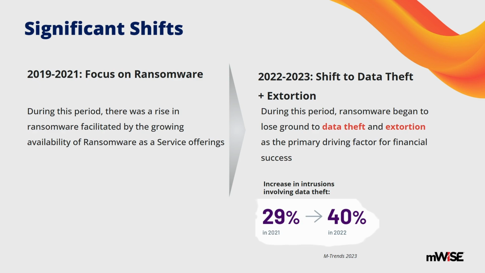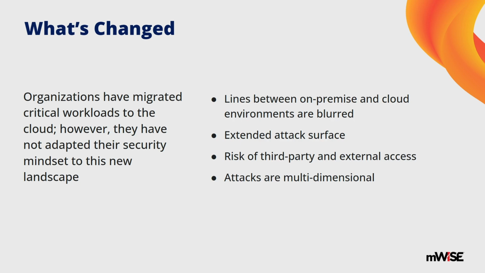And bringing that data theft aspect into the fold is really where our focus on cloud comes in, where that's increasingly where the most critical data for organizations is being stored. So that's where we want to focus the session today: when we think about protecting against cloud compromise, our security approach should take into account the fact that lines between on-premise and cloud environments are blurred and overlapping, that we have an extended attack surface that includes cloud, includes on-premise, and is heavily focused on identity.